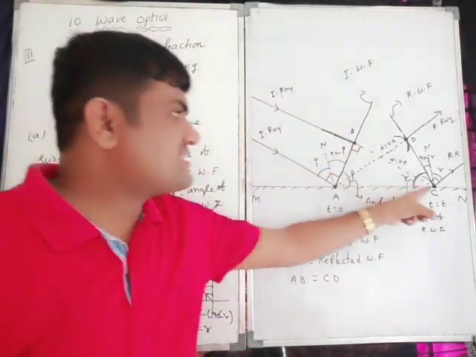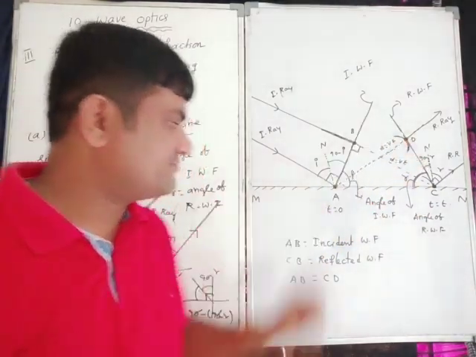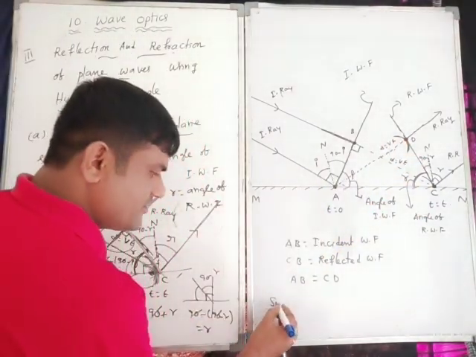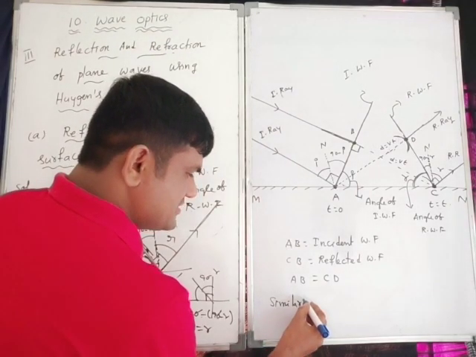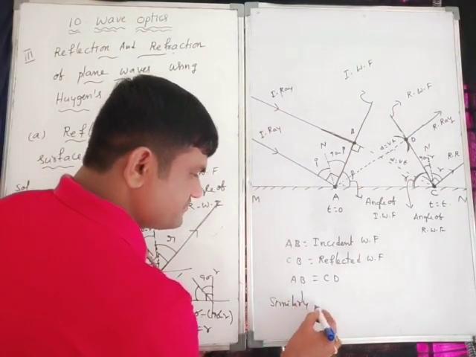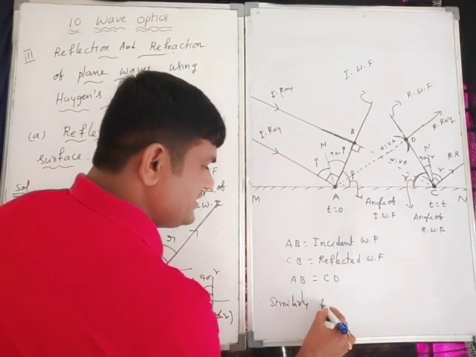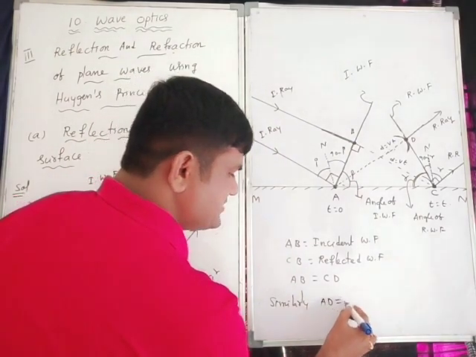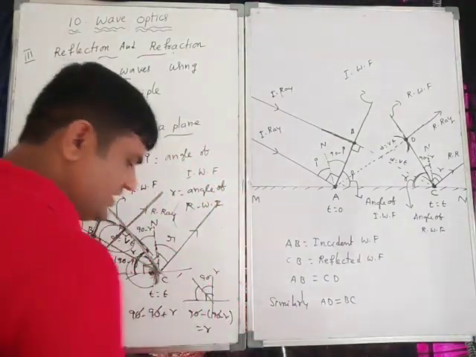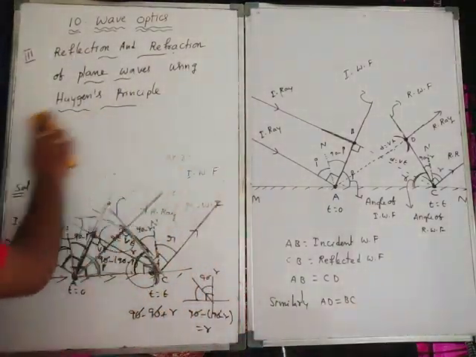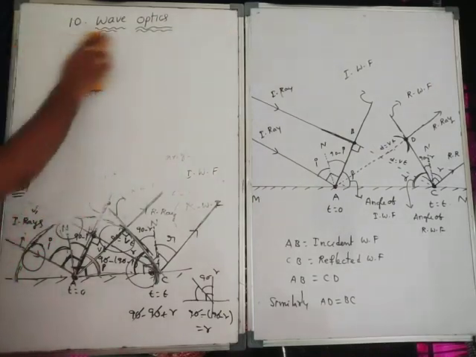Similarly, BC is equal to AD. So now we can observe with the help of the diagram.